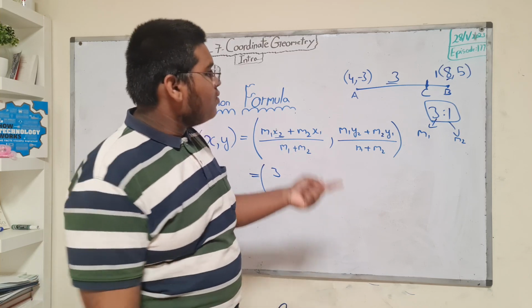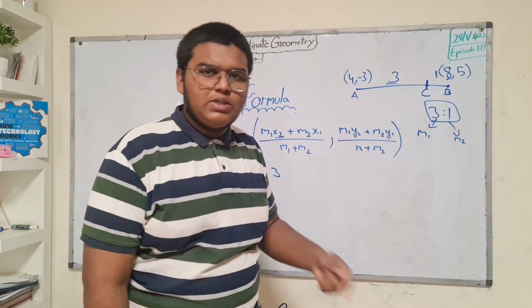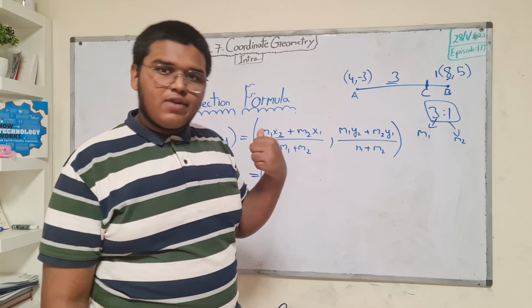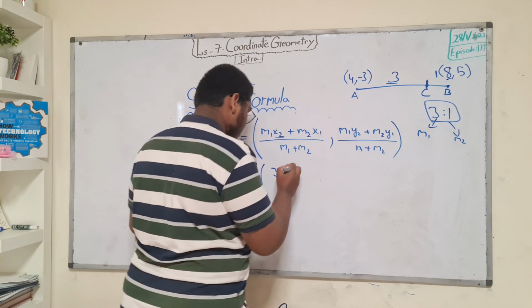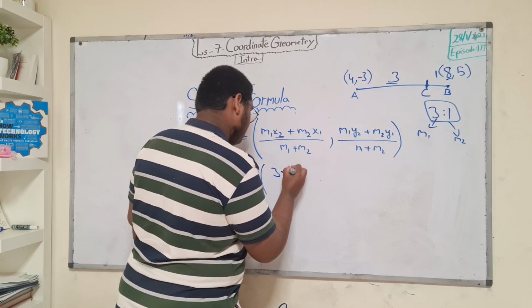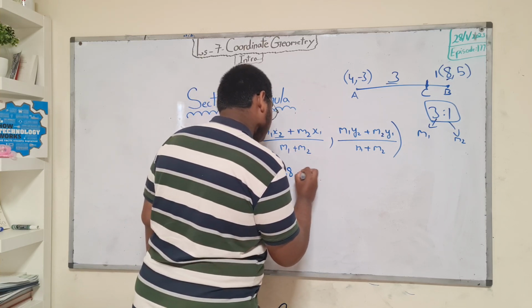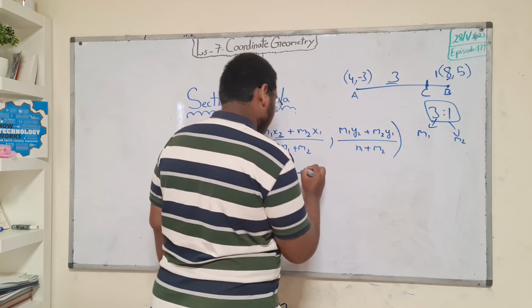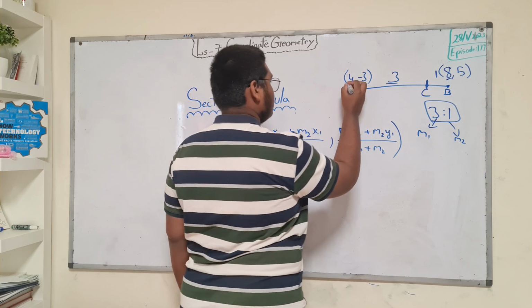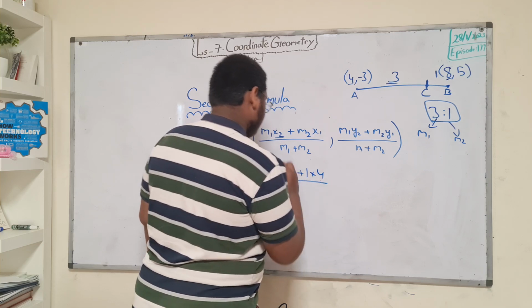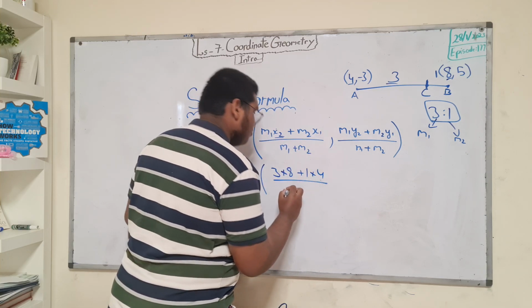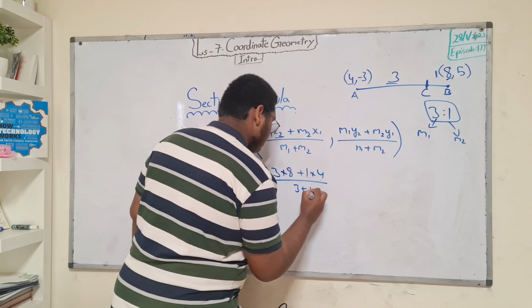If you don't know how to find x2 and x1, you can go to that video and look at it. Now over here we have 8, right? So 3 into 8 plus, what is m2 over here? 1, and x1 is 4, right? So 1 into 4, divided by m1 plus m2. M1 plus m2 means 3 plus 1.